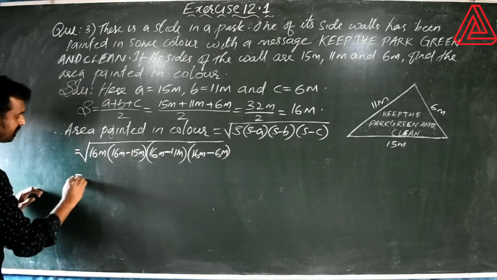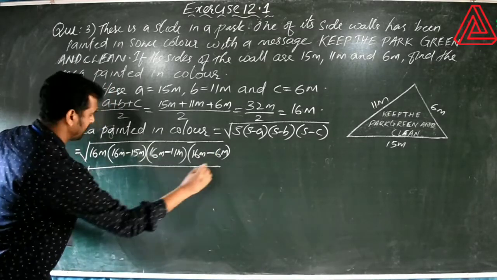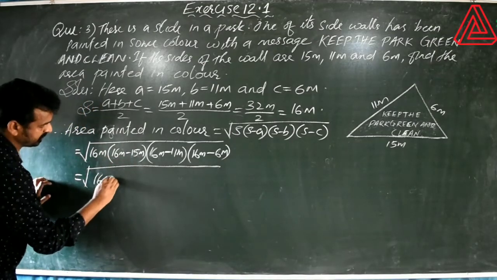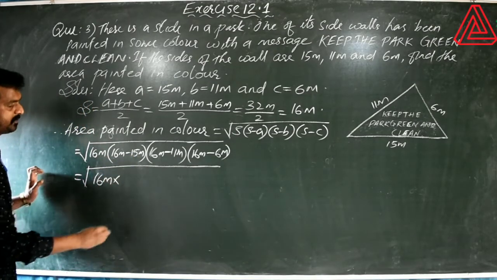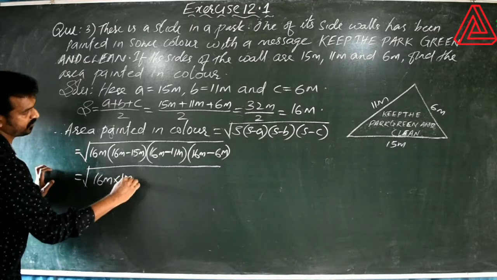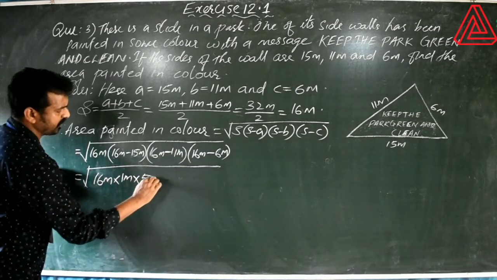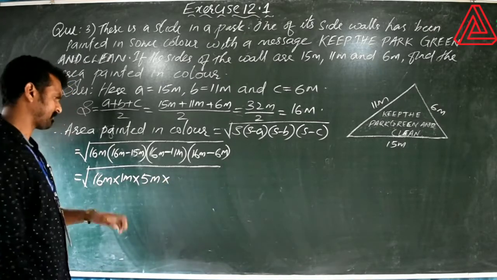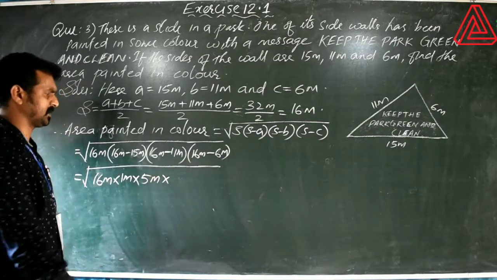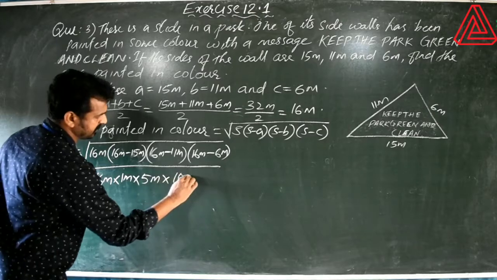Then that is equal to square root of 16 meter into 16 meter minus 15 meter, that is 1 meter, into 16 minus 11, that is 5 meter, into 16 minus 6, that is 10 meter.